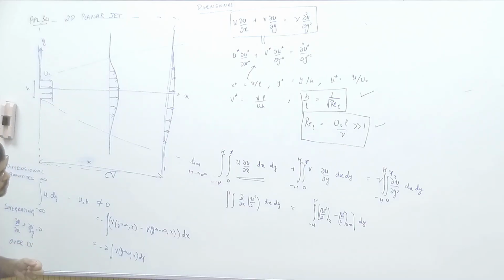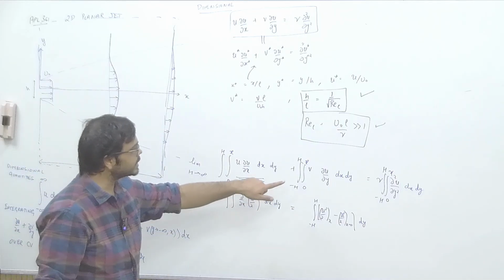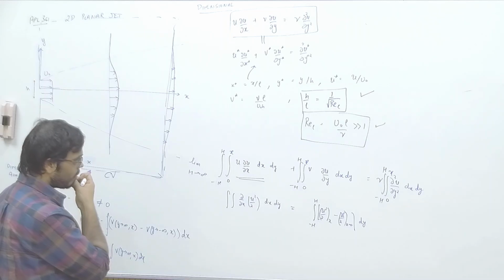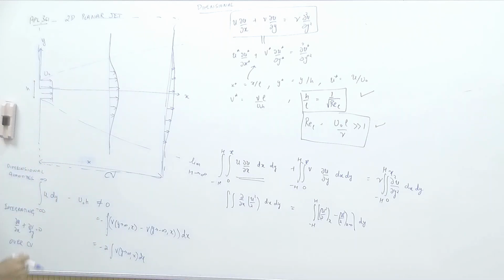How do you use continuity? You have del u by del x and del v by del y there. Continuity has these. Anyone has any suggestion to make here?